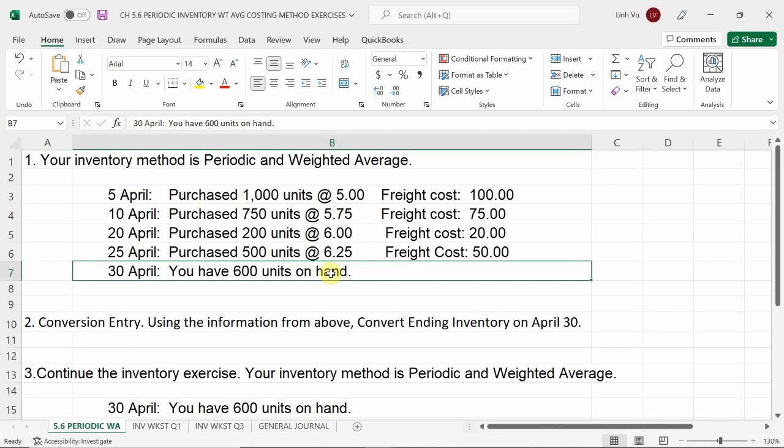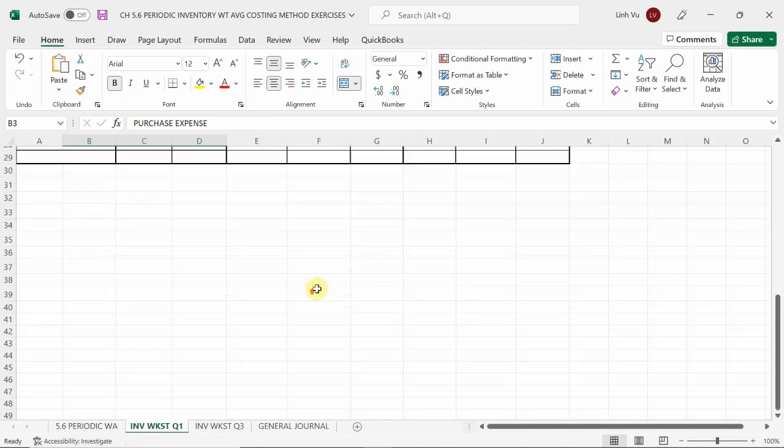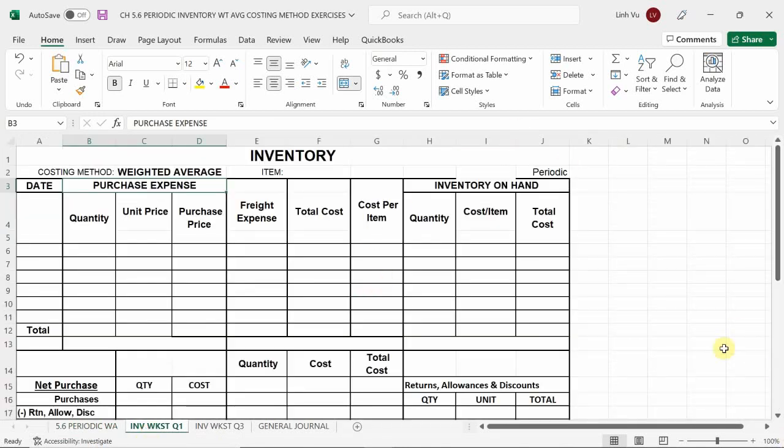But you can go ahead and practice that on your own if you want to. For this case, let's just plug our numbers into our inventory worksheet and solve from there. So in this case, April 5th, we purchased 1,000 units at $5 each with a freight cost of $100. So plop that into your inventory worksheet.